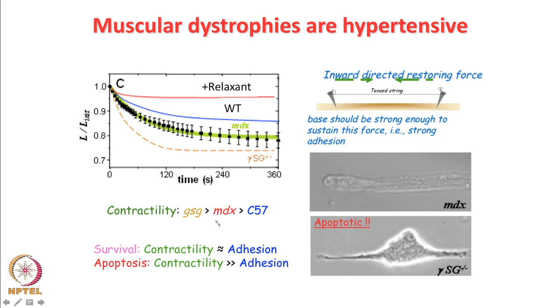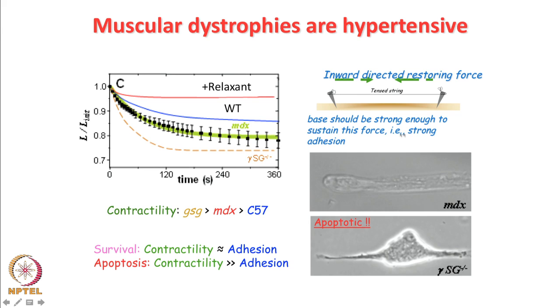In contrast, if contractility is way higher, the cell will pull on its substrate, the substrate will be unable to resist those forces, leading to cell rounding, as you see in this phenotype here. This suggests that in apoptosis you have this imbalance, where the effect of contractility is so high that adhesions are not strong enough to sustain that pull.